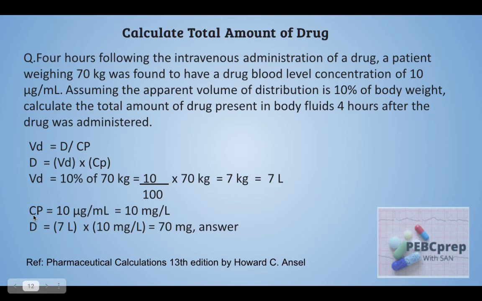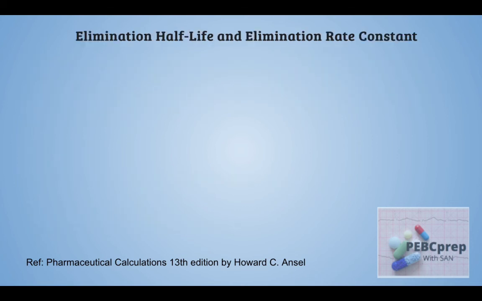Then plasma concentration is 10 microgram per milliliter, which is equal to 10 milligram per liter. Same step as we did in the previous question. Then we put everything in the formula and we got 70 milligram as the total amount of drug.